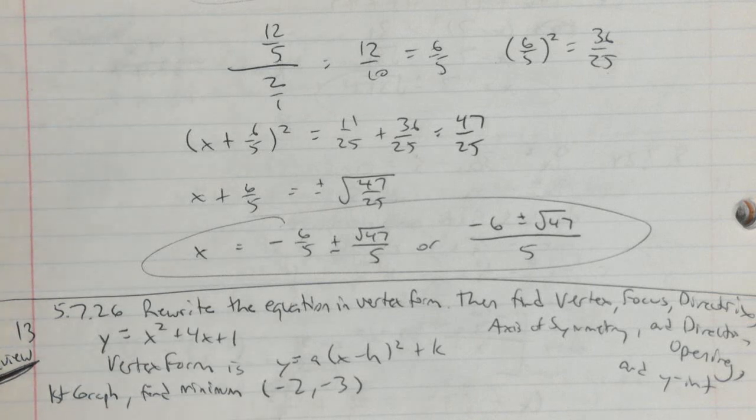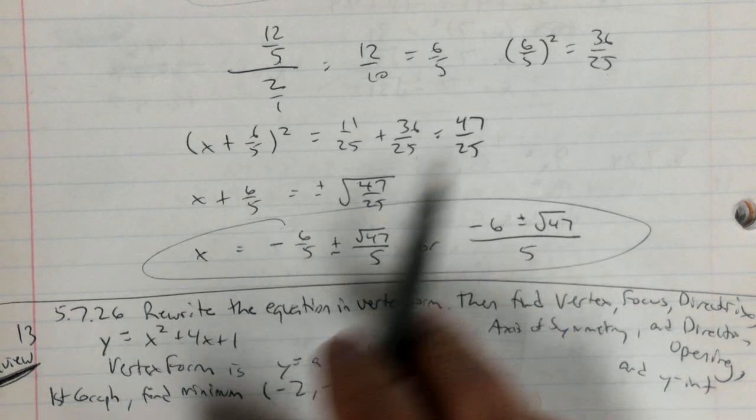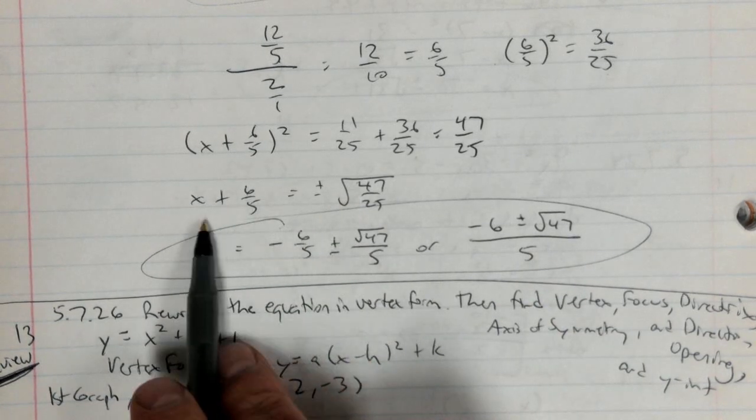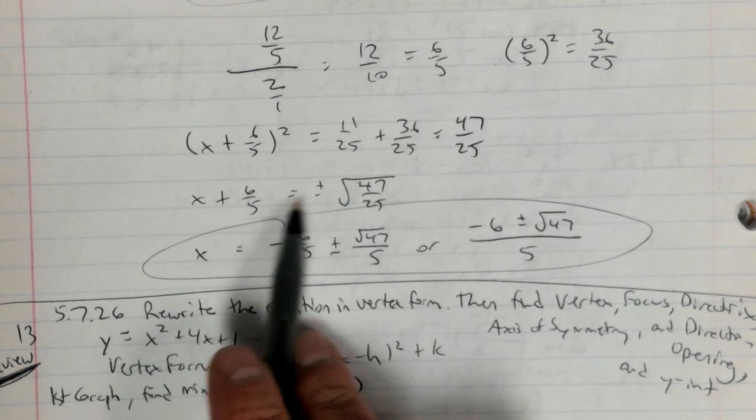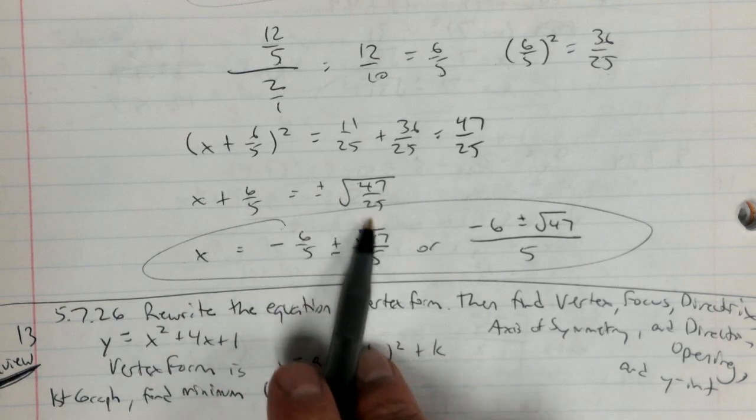Now the next step is you're going to take the square root of both sides, and it's going to look weird. x plus 6/5 equals plus or minus the square root of 47/25.